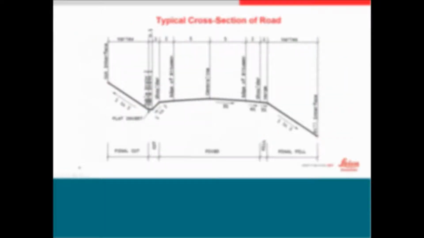This is a typical cross section of a road drawing. Normally you can see that every road should have the center line, and then there will be a fall for the water to fall out of the road.